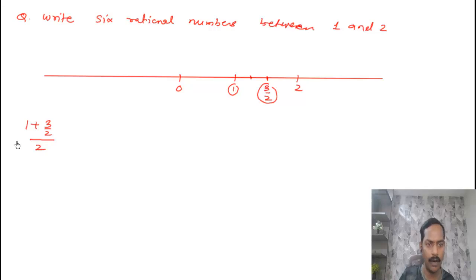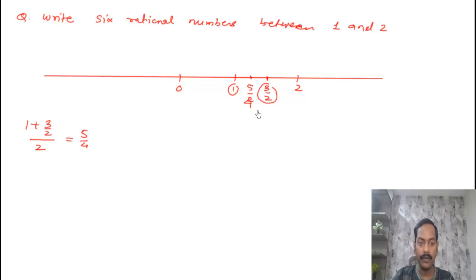Of course, we should understand how to operate this. If we know, we can figure out easily that this will be 5 by 2 divided by 2, which comes out to be 5 by 4. So 5 by 4 will appear here. This is how we can keep on generating more and more rational numbers, right?